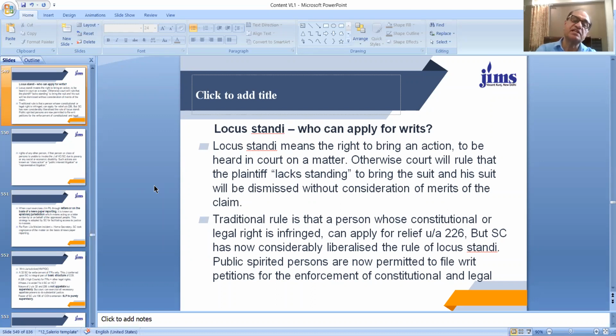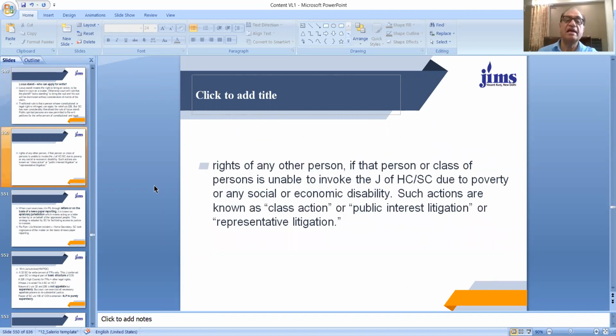Traditionally the rule is that a person whose constitutional or legal right is infringed can apply for relief under Article 226. But the Supreme Court has now considerably liberalized the rule of locus standi, and public spirited persons are now permitted to file writ petitions for the enforcement of constitutional and legal rights of any other person also, if that person or class of persons are unable to invoke the jurisdiction of the high courts or the Supreme Court due to poverty or on account of any social or economic disability.